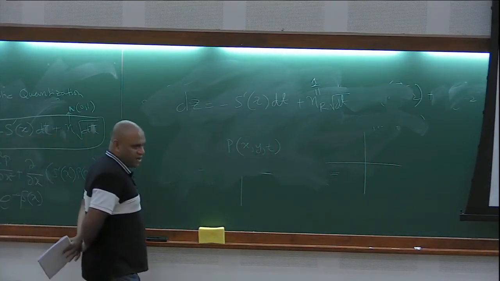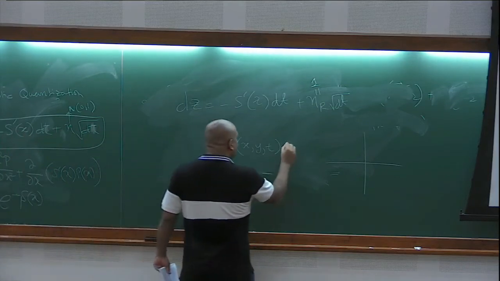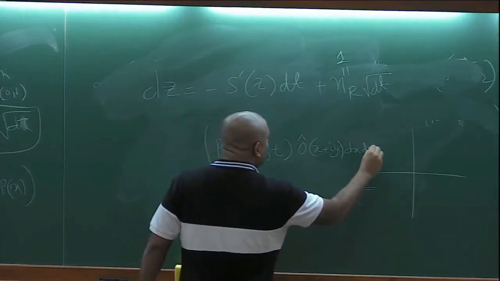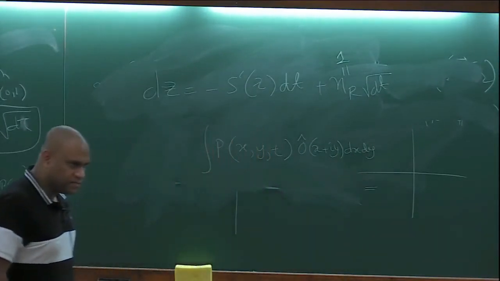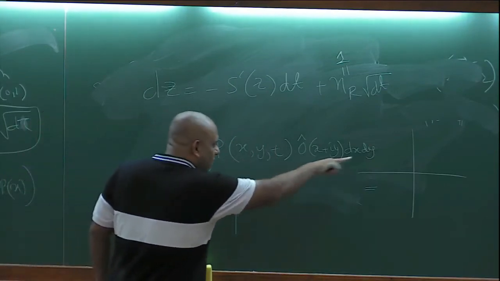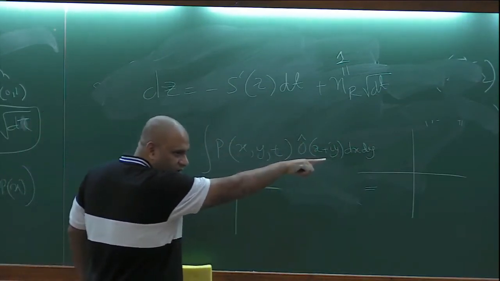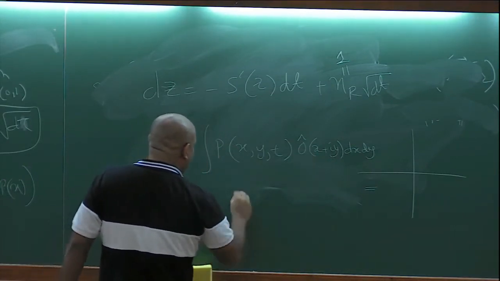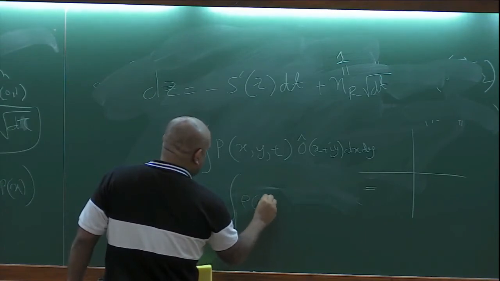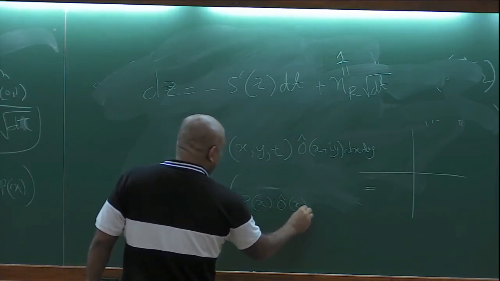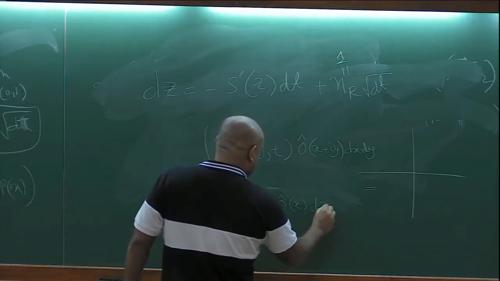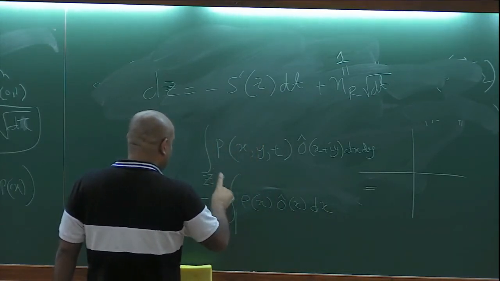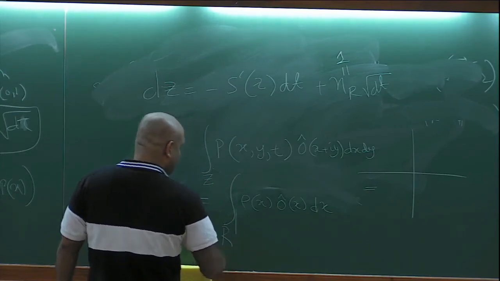And people have claimed, and proved to some extent, that if you look at an observable O with a two-dimensional integral of this kind, and if this is an analytic function, this is the same, this is over the whole z plane, and this is over the real line.